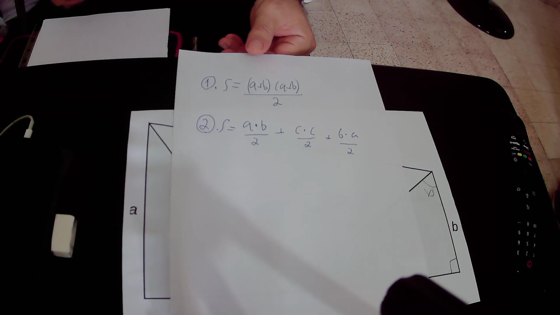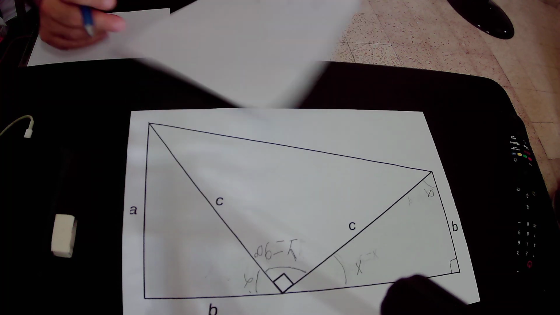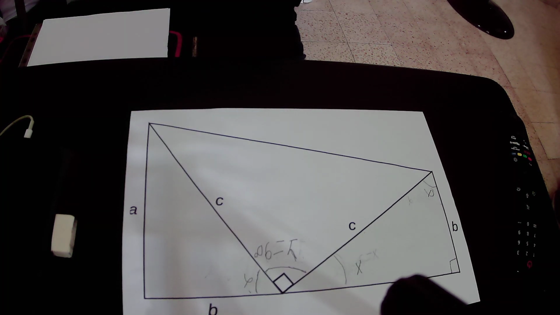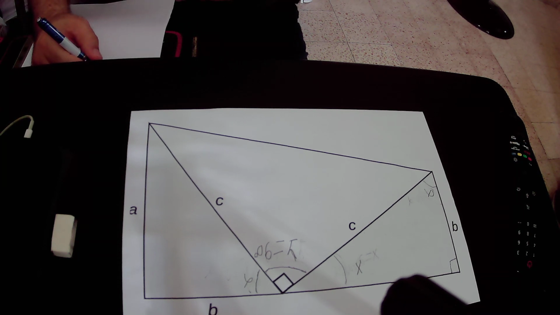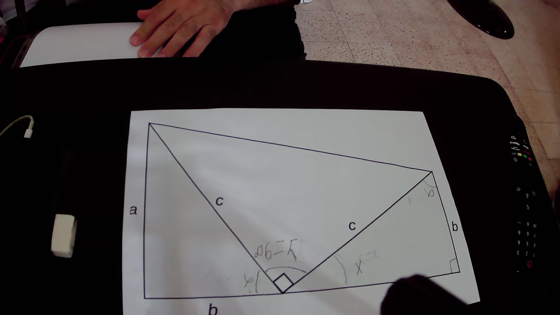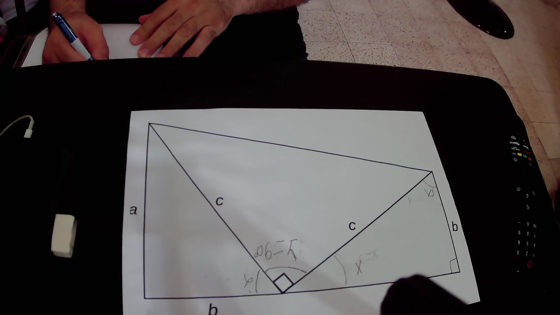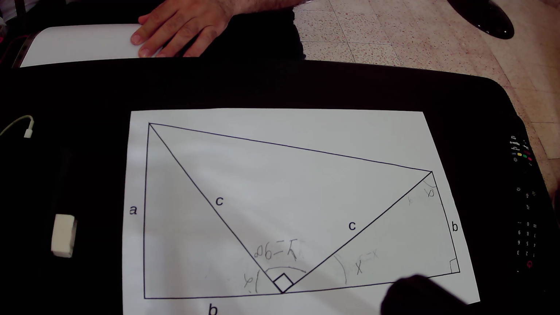So the first expression equals the second expression, so we can write that equation. The first expression is A plus B times A plus B divided by 2, and it equals the second expression, that is A times B divided by 2 plus C times C divided by 2 plus B times A divided by 2.